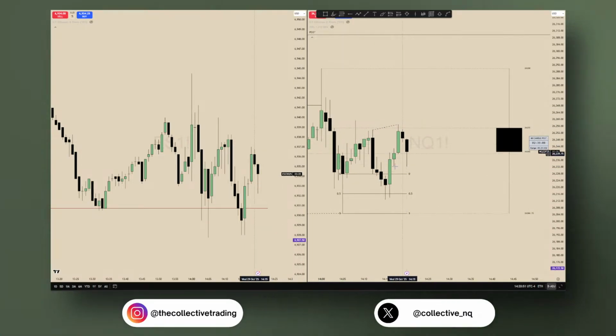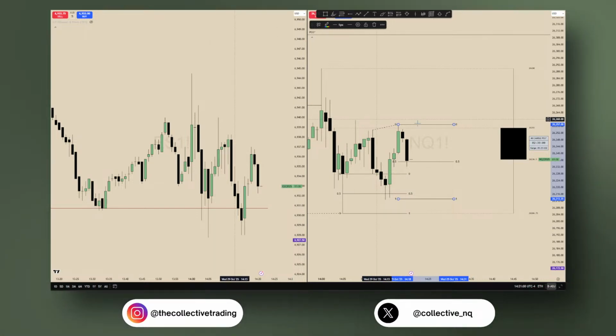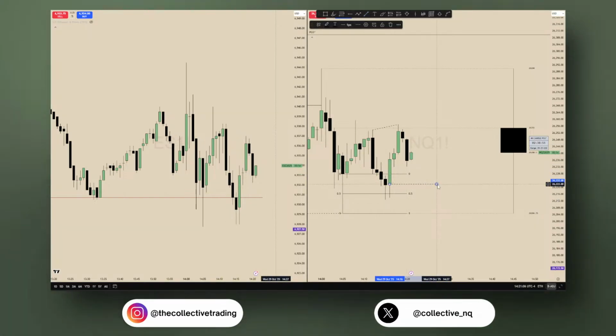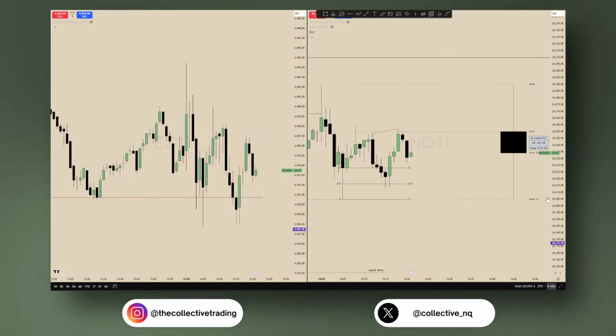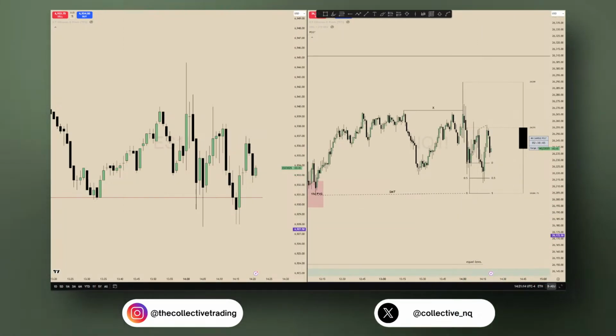But as long as we're holding this up move here, then I'm expecting this high to get taken. ES has got those relatively equal lows there. Once we close back below here, I'm looking at being really bearish. I don't know. There's nothing on the long side for me here, though.